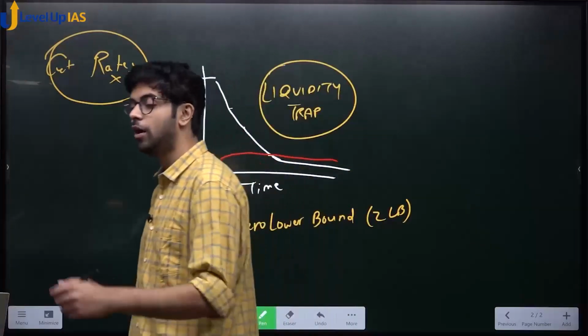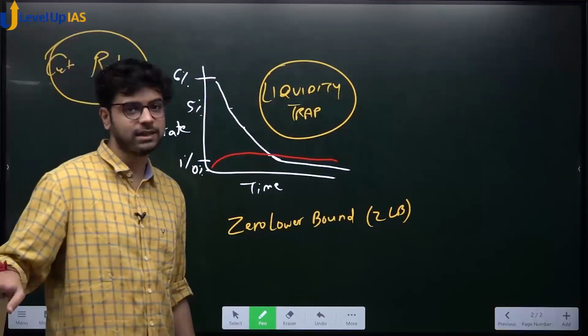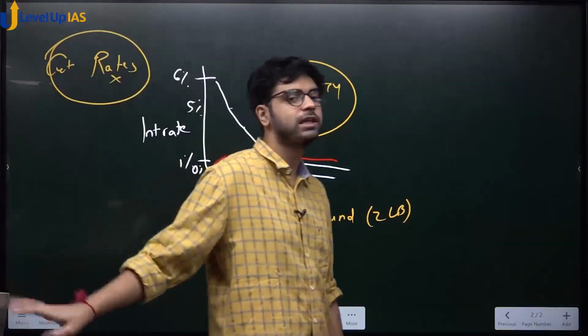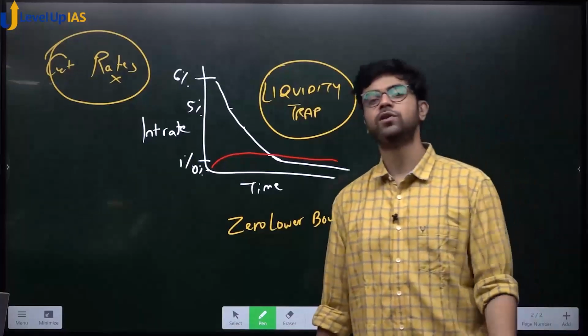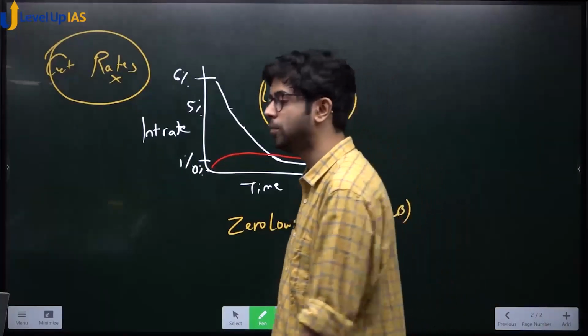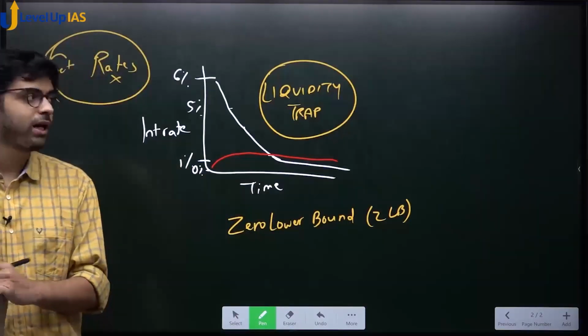So when RBI buys from the open market, money supply increases. So it is following a cheap money policy, an expansionary monetary policy. When RBI sells securities, it wants to suck out excess liquidity from the economy, and that is when we follow a contractionary or dear money policy.